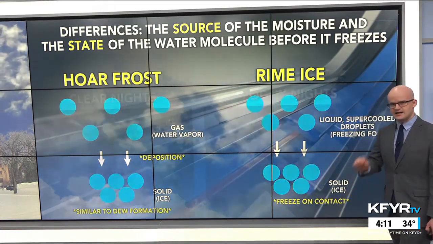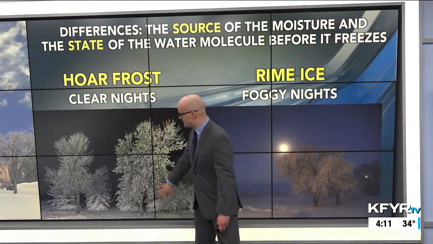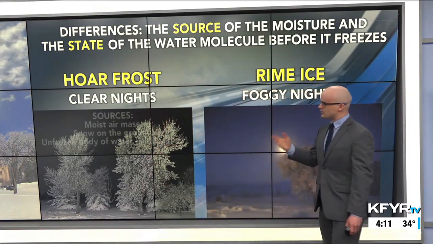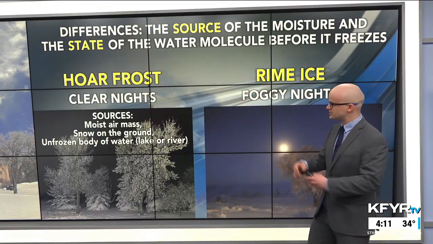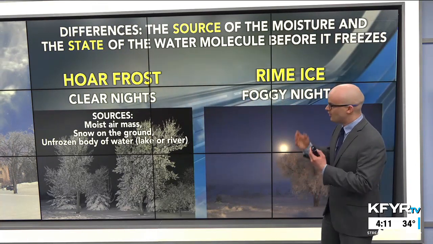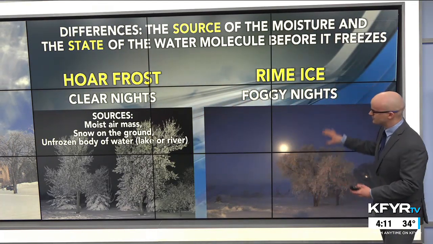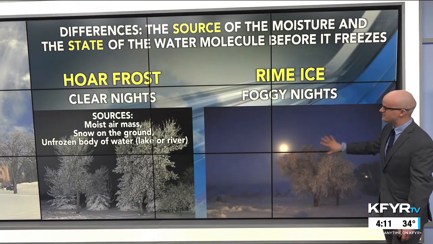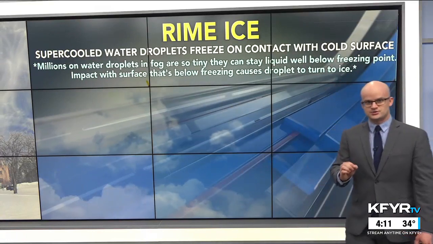They freeze on contact with objects. With hoarfrost, it's clear nights and calm winds usually, with the moisture sources coming from either a moist air mass moving into the region, snow on the ground that can evaporate and make the atmosphere more moist, or an unfrozen body of water like a lake or river adding moisture into the atmosphere near the surface. Whereas with rime ice, we have that dense fog.